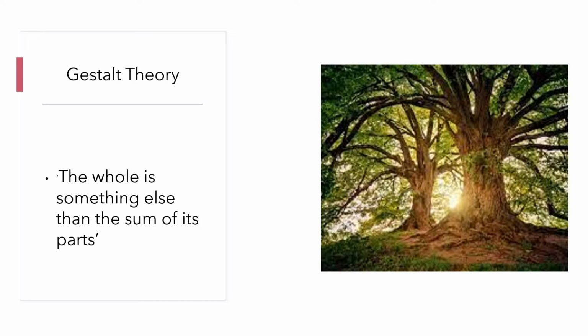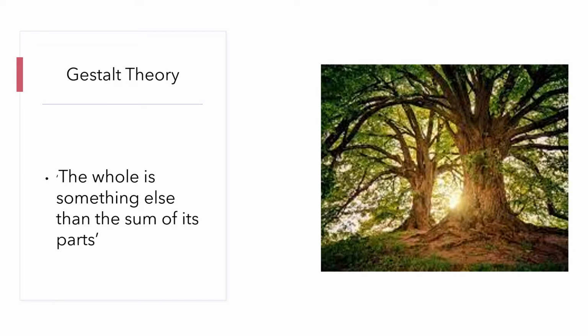Gestalt means when parts identified individually have different characteristics to the whole. Simply, Gestalt means organized whole. So, Gestalt theory states that the whole is something else than the sum of its parts.